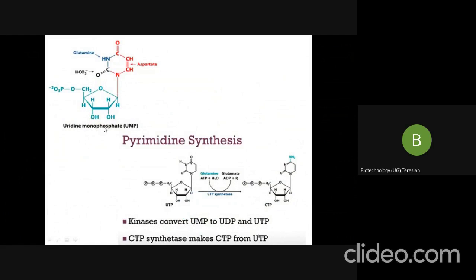So you have to remember this one important point. Whenever there is a pyrimidine formation, first the base is formed, and then they are attached to your sugar group. Okay.